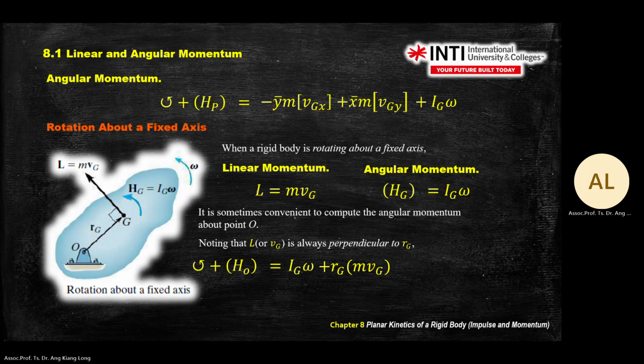So if you have a rotation about a fixed point, you have two components you need to calculate, especially when it asks you to find H, the angular momentum. You have two: one because of the linear momentum, one because of the omega.